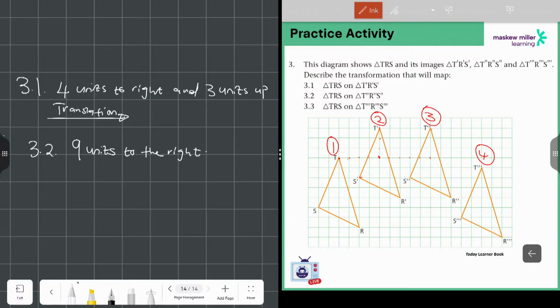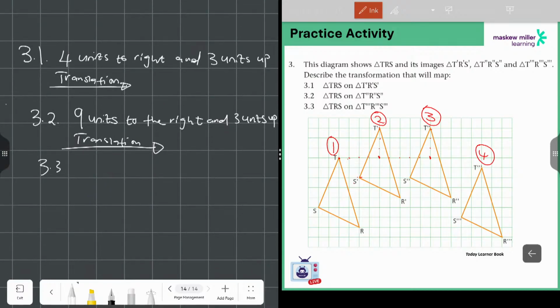And then when you are there, you had moved again 3 units up, right? So 3 units up. That's what you say, and you will say that is your translation at this stage, as we said that this is what we know for now, and then you move on, right? So that's how easy you can go about it for now.